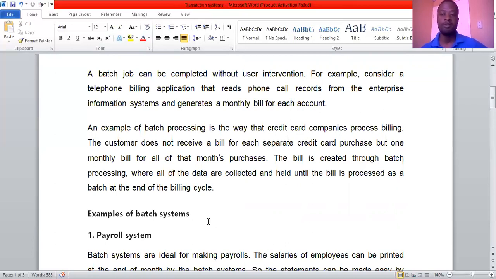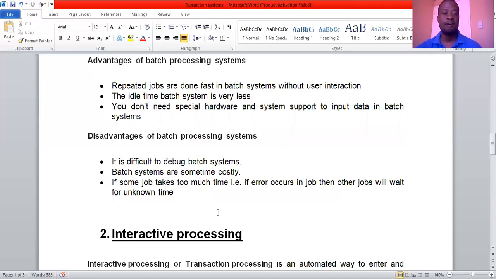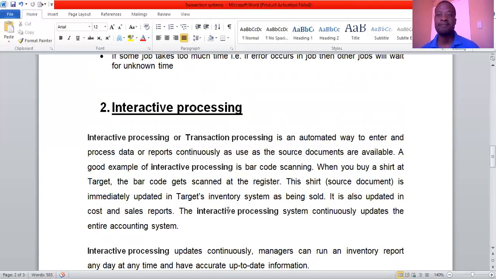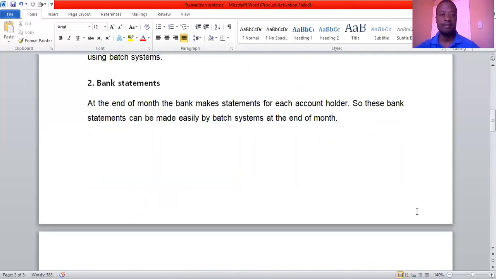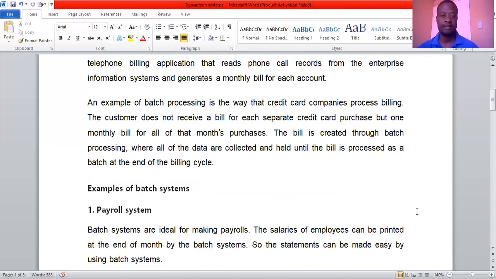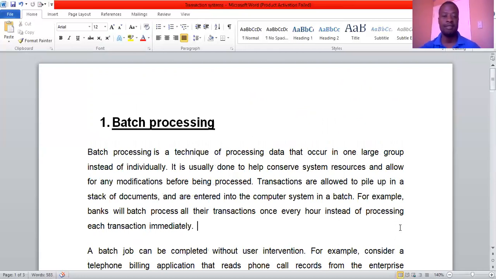Then we'll also look at some examples of real life situations of these two types of processing systems, and then we end our lesson there. It's not a lengthy lesson, by the way.